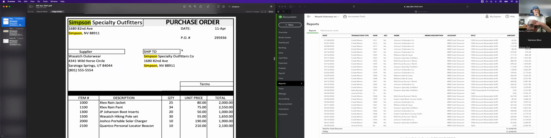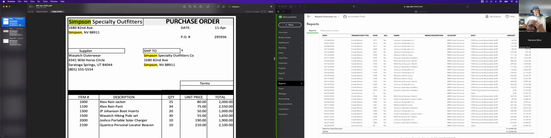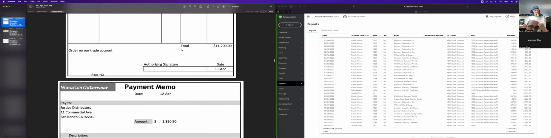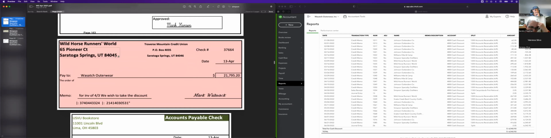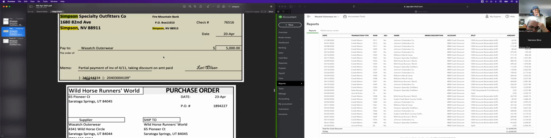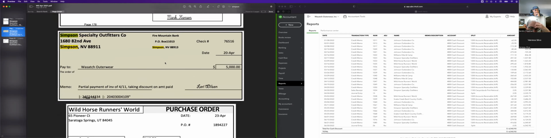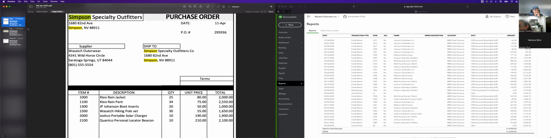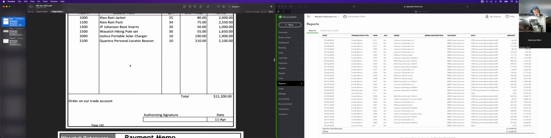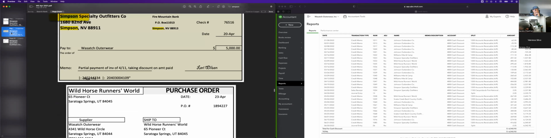They were paying us, and they only paid like 5,000 of it. Then they said don't forget we got a discount for paying this amount, and it didn't tell me. So I did some math trying to figure out what the discount should have been, and I got it wrong. That's why it shows up under that.